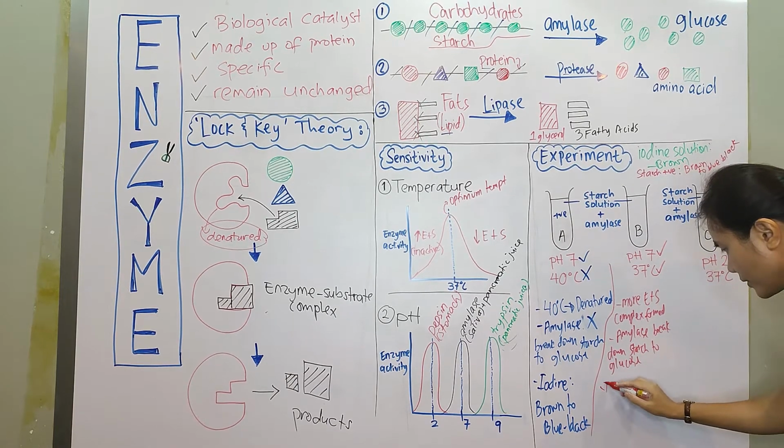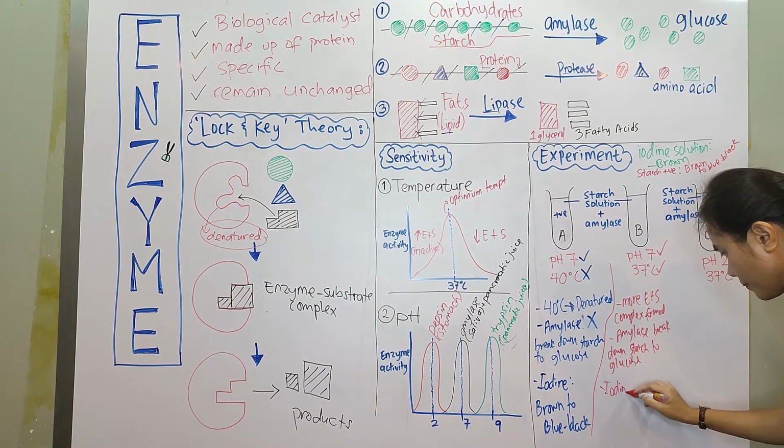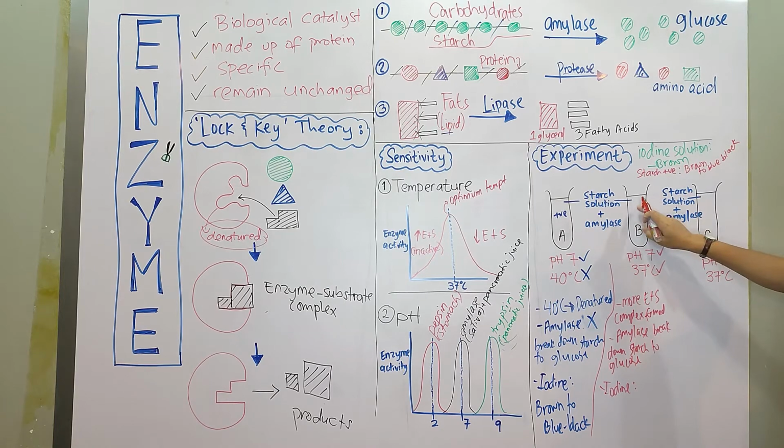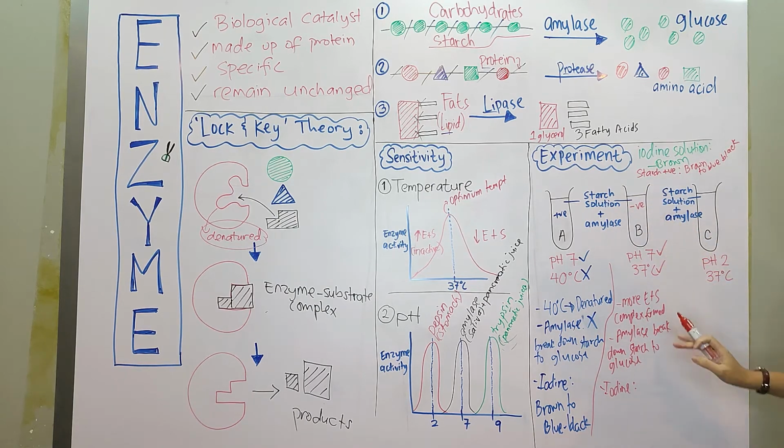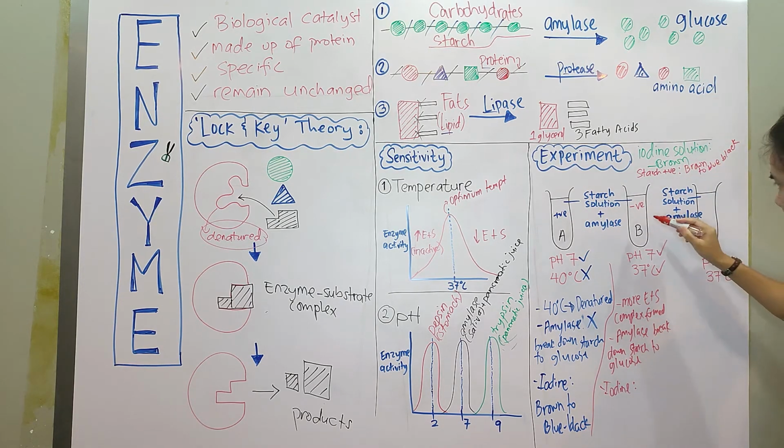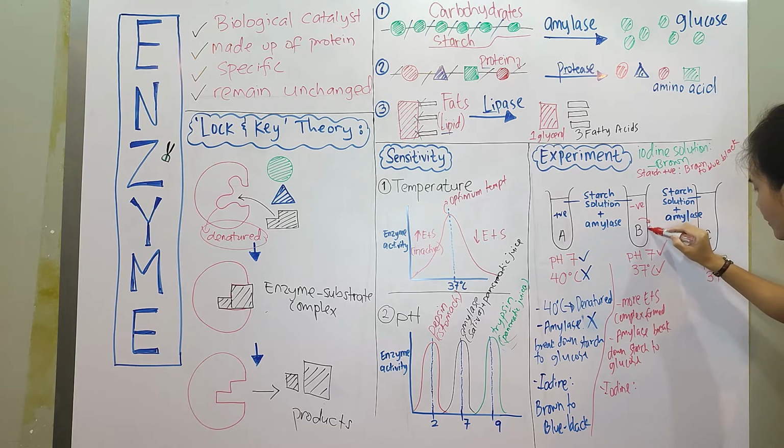So what happened when you add iodine? In this test tube B, because starch is broken down into glucose already, there will be no starch, so negative. I put negative for starch, so there will be no starch present in test tube B because all of it has been broken down by amylase into glucose. So what you have here is glucose.